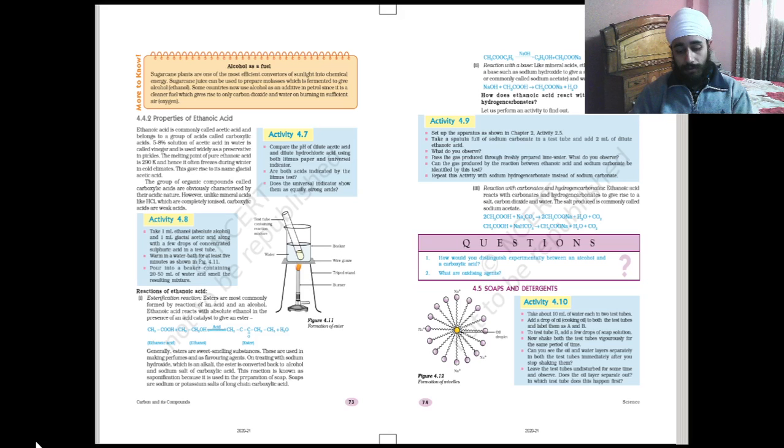So in B it separates faster than in test tube A.